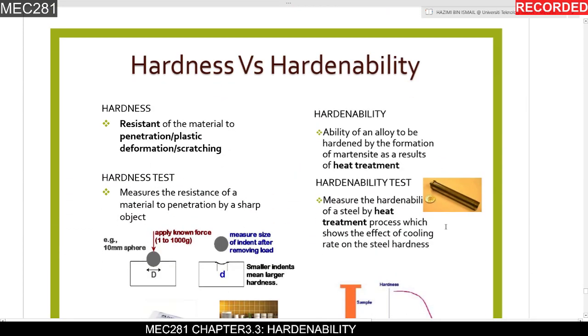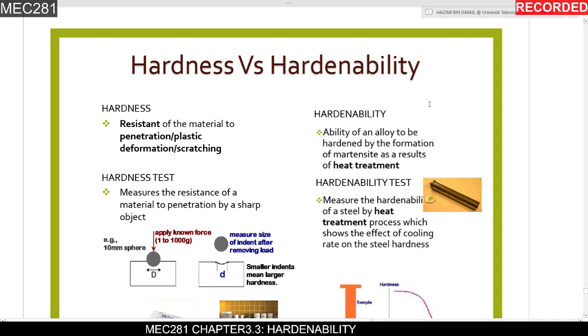So this is the point where hardness differs from hardenability. Of course we know that hardenability is the ability of a material to be hardened by heat treatment and quench. Heat treatment also includes the rapid quenching, right?